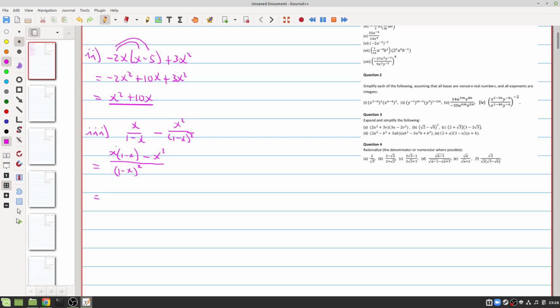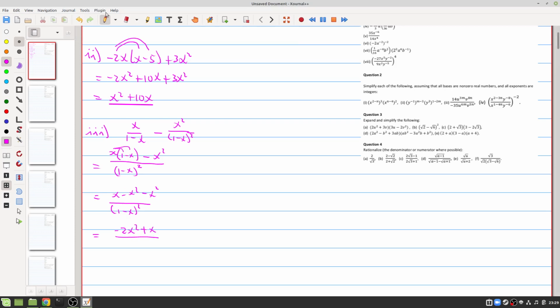Okay, then we just multiply in the bracket, so x times 1 is x. x times negative x is negative x squared, and then we add our negative x squared at the end. All of this is still over 1 minus x squared, and then we just collect our like terms. So negative x squared minus x squared is negative 2x squared, and then we add our x.